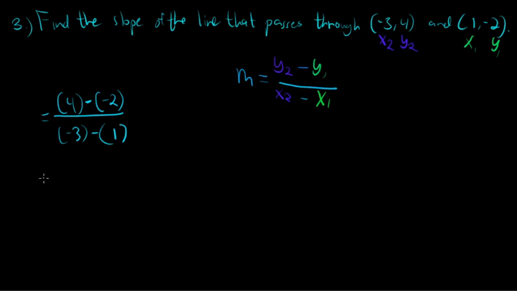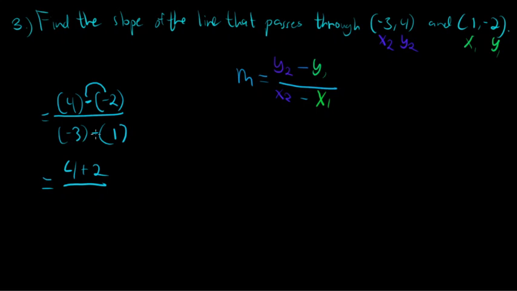Let's simplify further. Now, good thing we put them inside the parentheses so that we will be able to distribute this sign right here, which means that we now have 4 plus 2. This 4 minus negative 2 is the same as 4 plus positive 2.